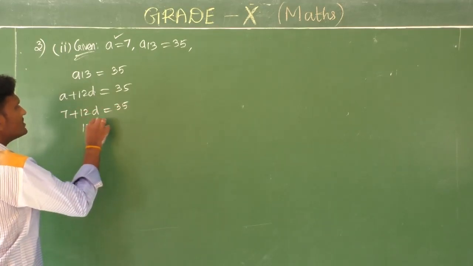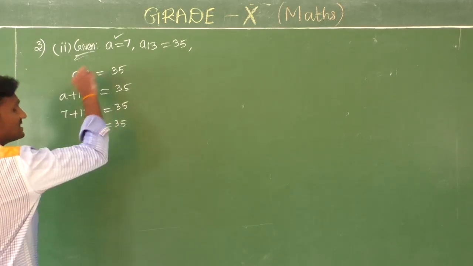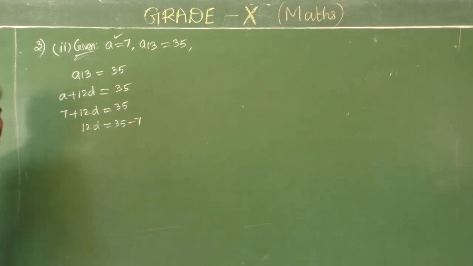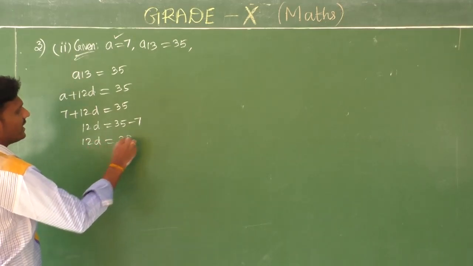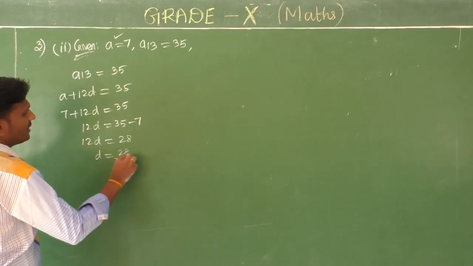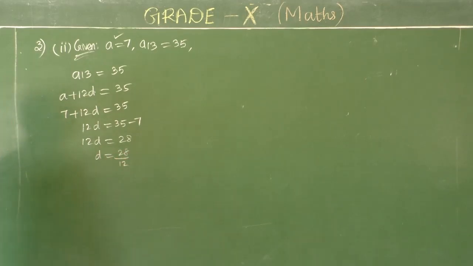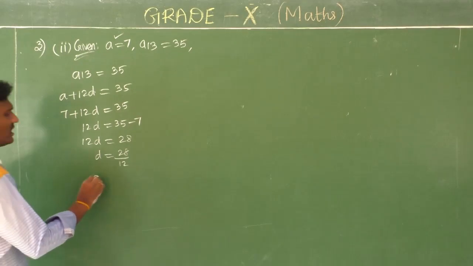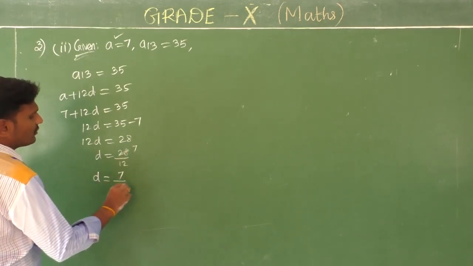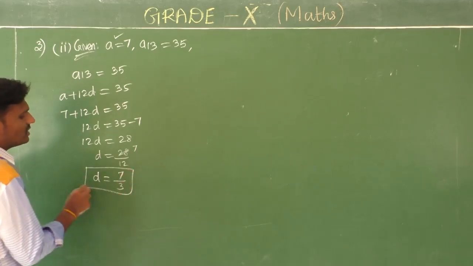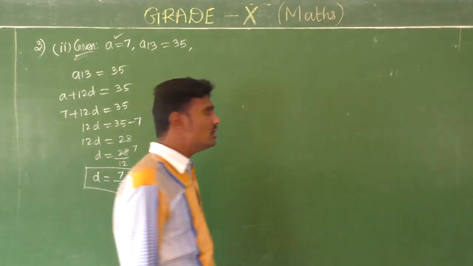So 12d equal to 35 minus 7, which is 28. So d equal to 28 by 12. Simplifying with the table of 4, 7 4s are 28, 3 4s are 12. So d equal to 7 by 3.